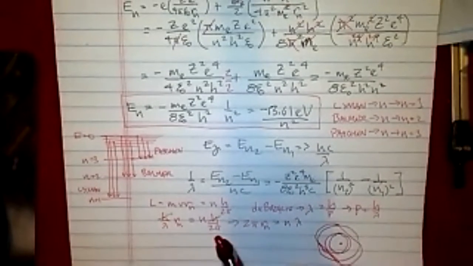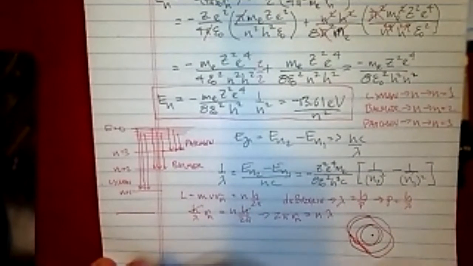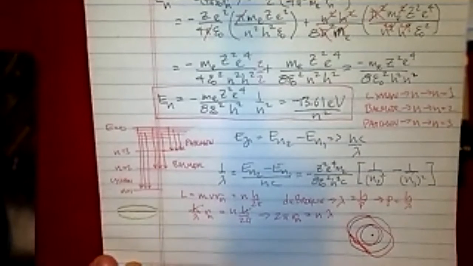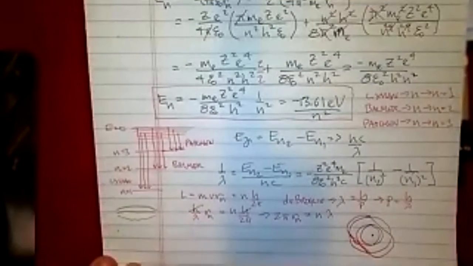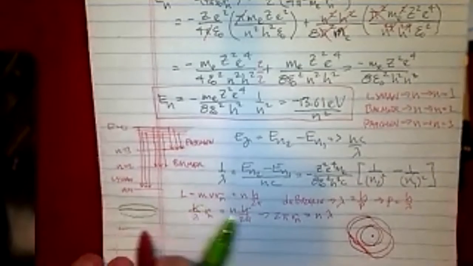So they're really like standing waves, just like when you pluck a string, you can get this orbit, which oscillates back and forth. That's the fundamental. You can also get this orbit, this orbit, this orbit.